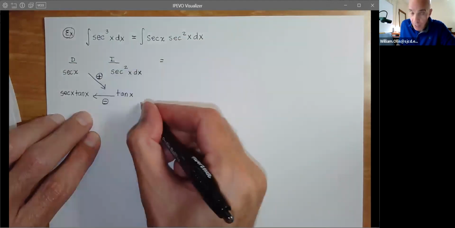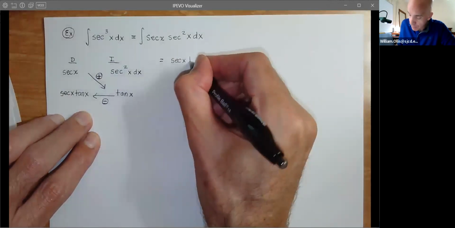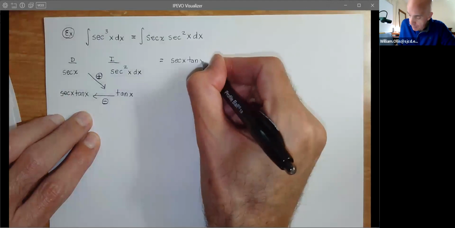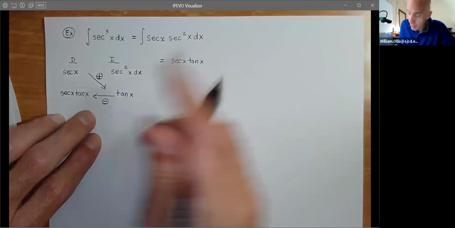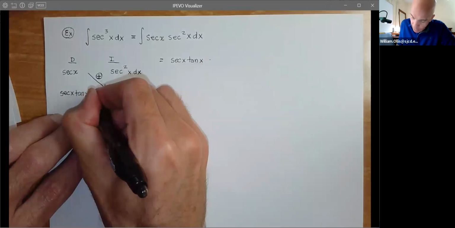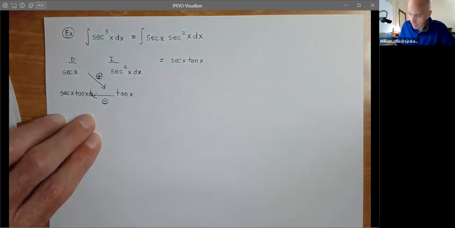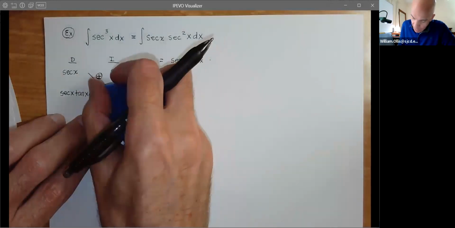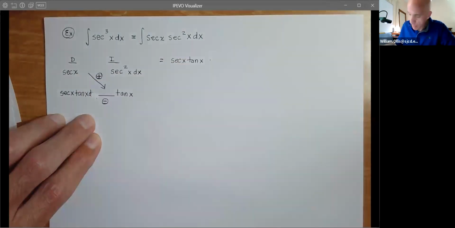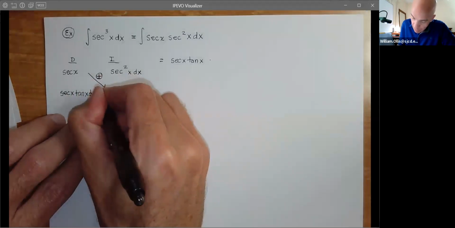So we have uv, so we have secant x tangent x. And then minus the integral, oh, and of course, be formal here, put the dx there. Let me give it a little more space. Since I'm being formal here, I don't need to do it two different ways.